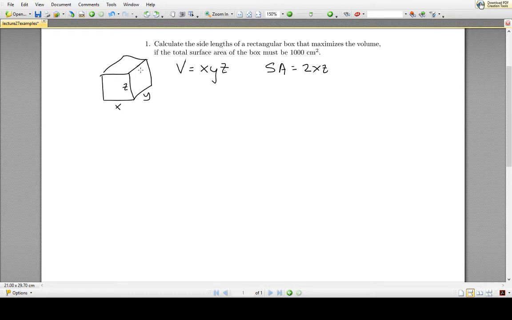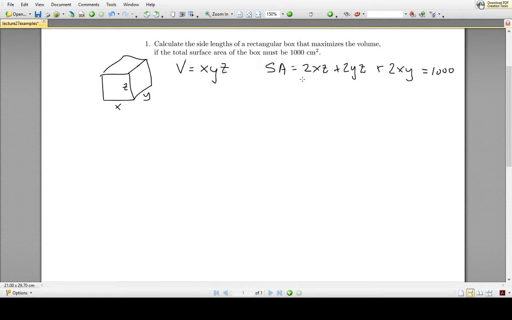The surface area of this side of the box is Z times Y, and on the other side there's an exact copy of that face. So together, those two faces have an area of 2YZ. And of course, the top and the bottom each have a surface area of X times Y. So in total, the surface area is 2XZ plus 2YZ plus 2XY, and we would like that to be equal to 1,000.